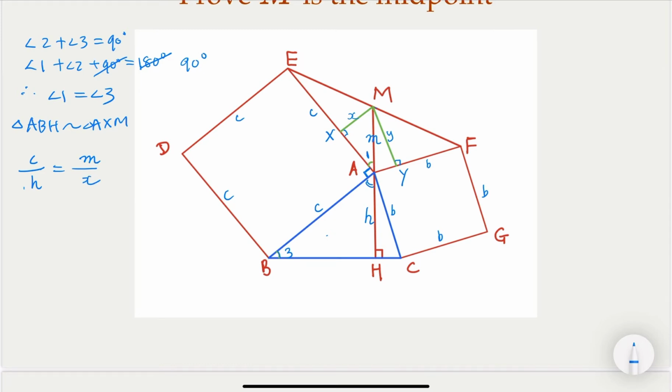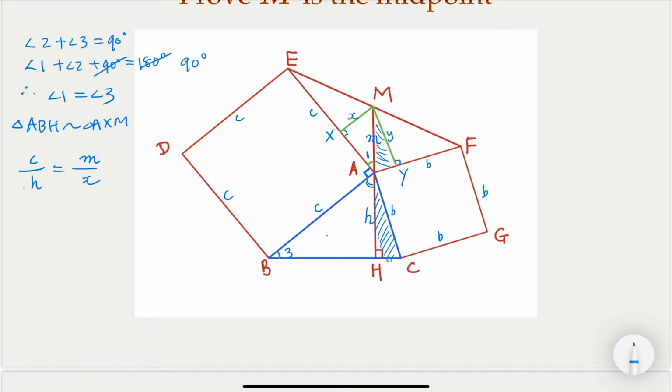All right, that's good. Now, similarly, on the right-hand side, I claim that if you look at this triangle and the other triangle, use a similar argument. They are similar, and then use a similar argument.